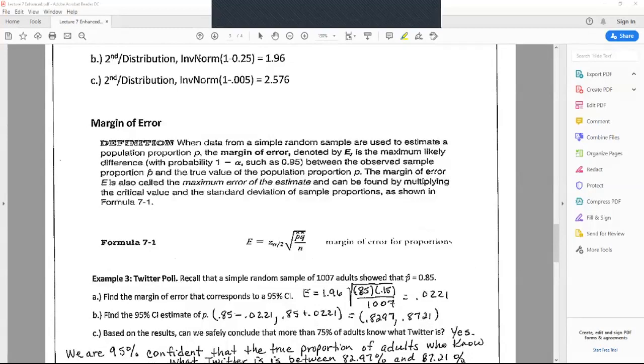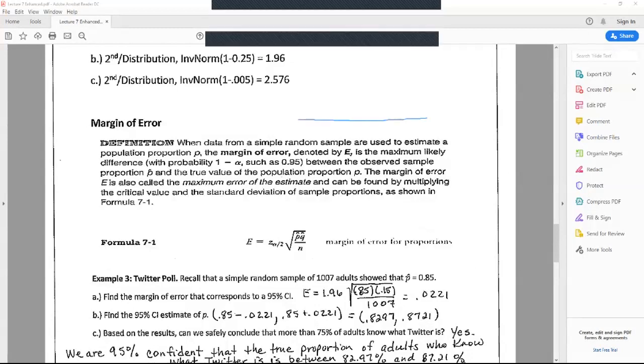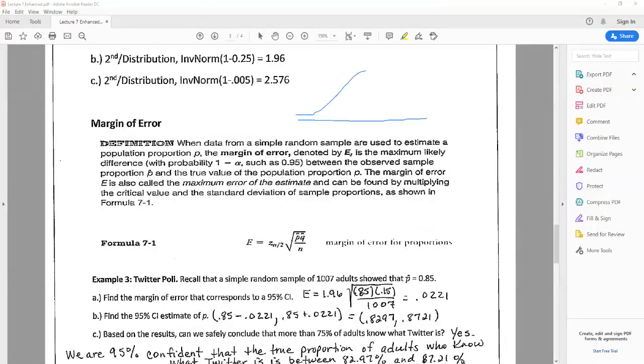If we have a normal curve and we know the average, and we have a region to the right of the average that goes all the way up to the critical value, well, this region is called the margin of error.